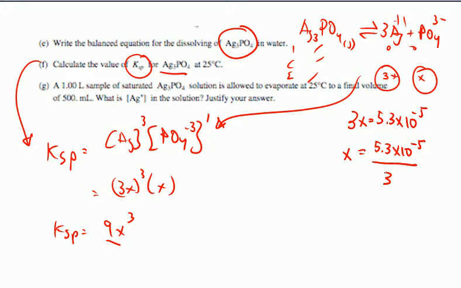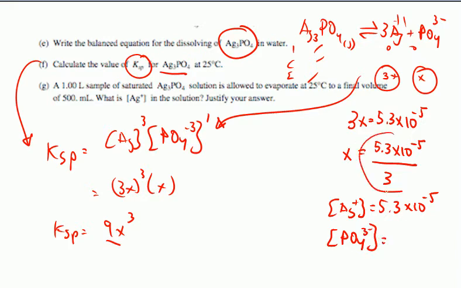So we know that the concentration of Ag+ equals 5.3 times 10 to the negative fifth, and we know the concentration of PO4 3- in this case is 1.8 times 10 to the negative fifth.